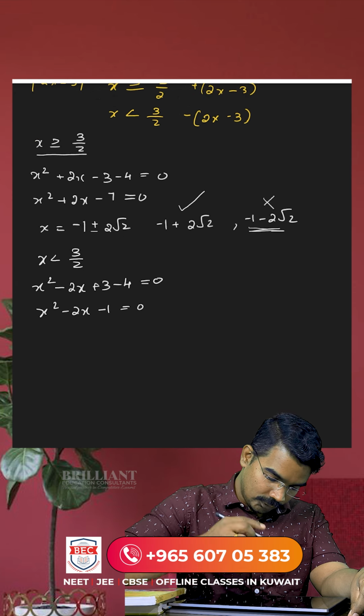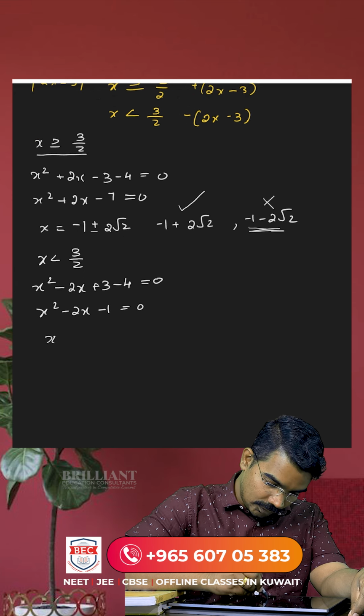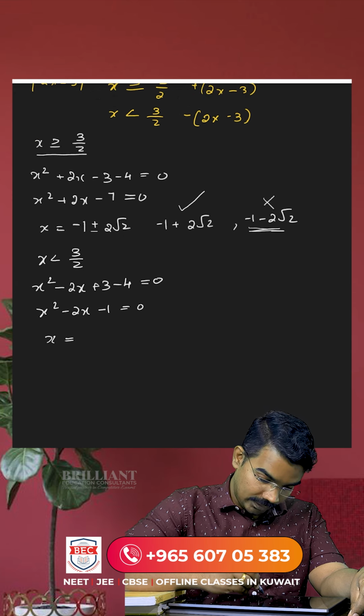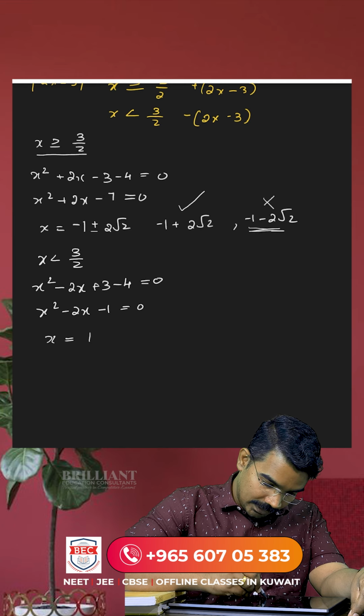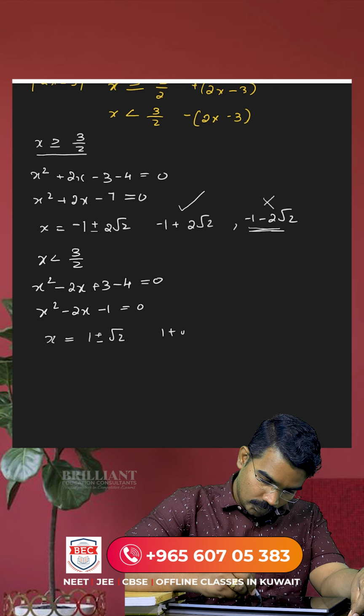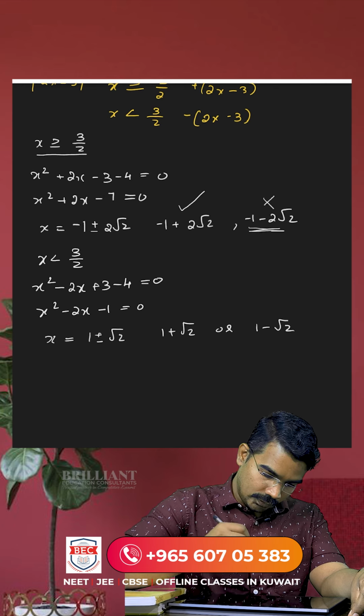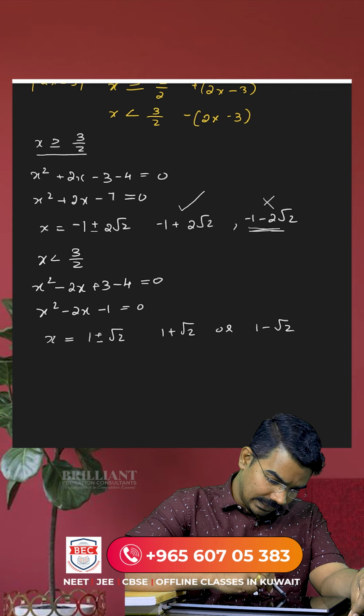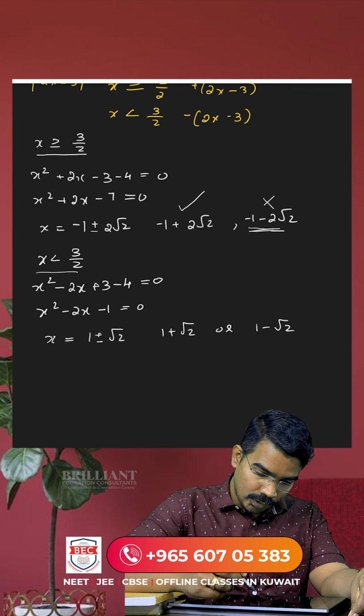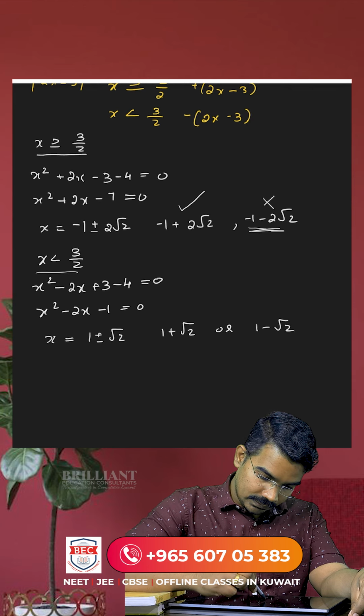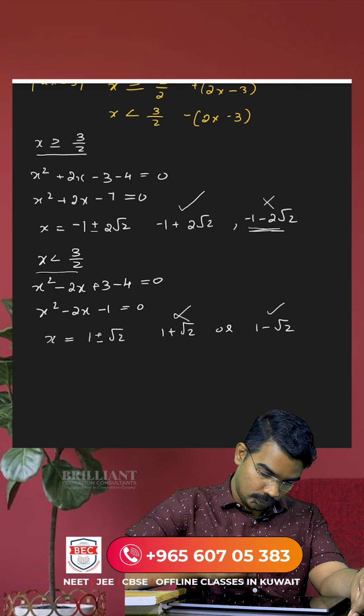Here again, the roots of the equation will become 1 plus or minus root 2, that is 1 plus root 2 or 1 minus root 2. When you check the condition x is less than 3 by 2, 1 plus root 2 will be greater than 3 by 2. So our answer is 1 minus root 2.